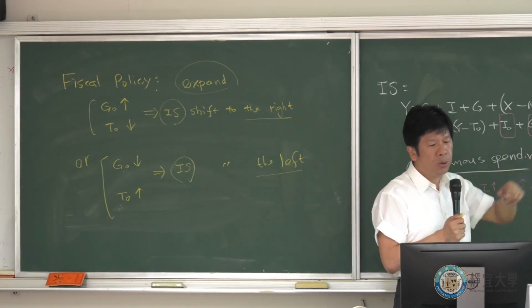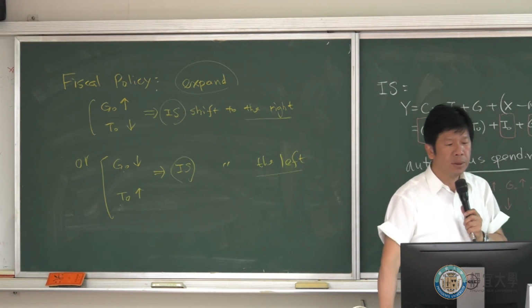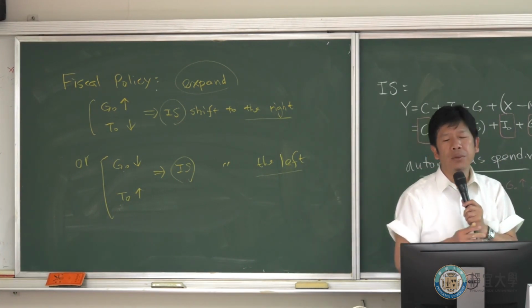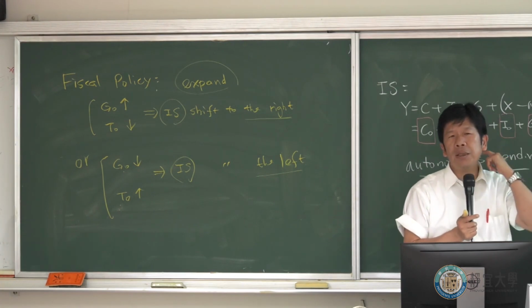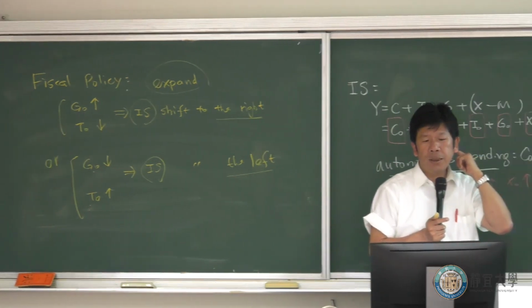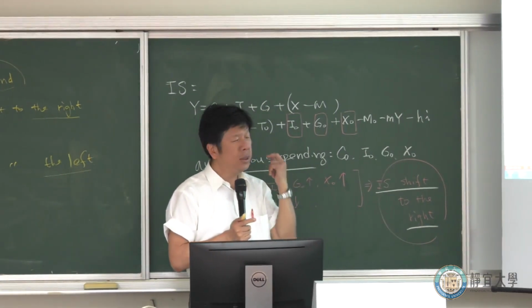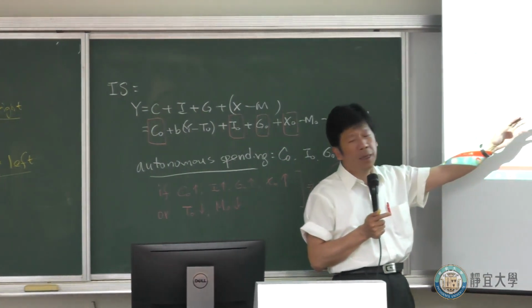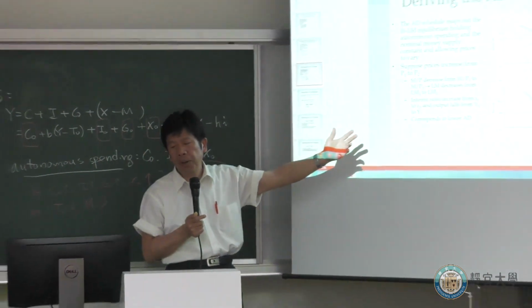Okay, so this is all important. And the other way, we can also find the monetary policy. For example, if the government has some relationship with the price.